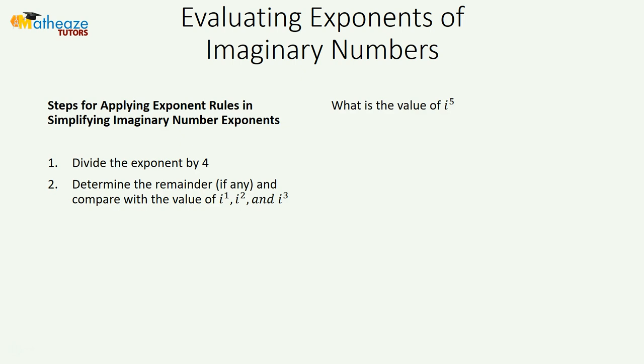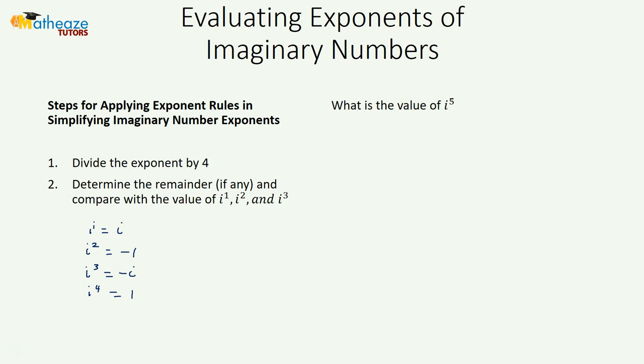Now we're going to apply exponent rules. One of the things that we established earlier is i to the power of 1 is equal to i, i to the power of 2 is -1, i to the power of 3 is -i, and i to the power of 4 is +1.